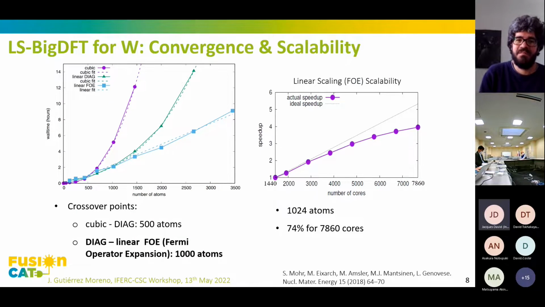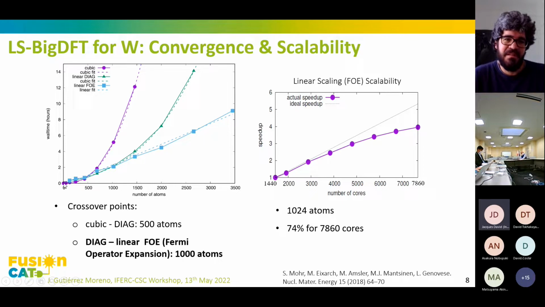If we look at the computational cost, here on the left graph, we see the wall time as a function of the number of atoms for pure BCC tungsten.